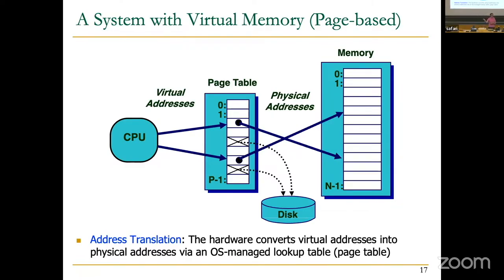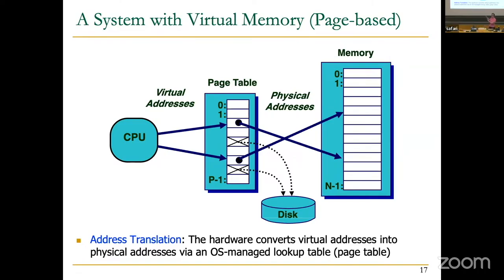And there was a time in the world 50, 60 years ago when that was the case, okay? In some systems, actually, maybe 20 or 10 years ago. In some cases, maybe it still exists, but a very small amount. So basically, the hardware converts virtual addresses into physical addresses via this lookup table, the page table. But this page table is actually cooperatively managed by the operating system and the hardware together. So we're going to talk about this management.